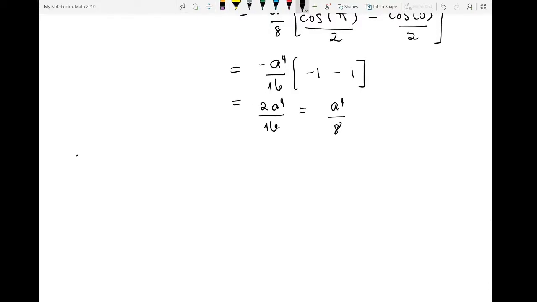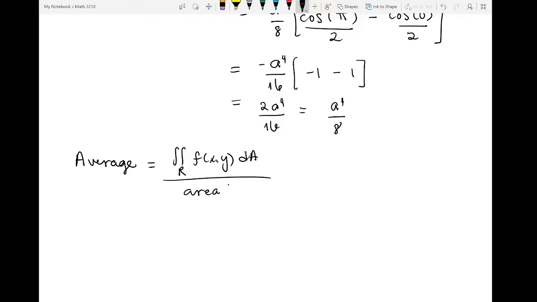So remember that the average is equal to the double integral of f of xy over the area of the region, and we found that this is a to the 4th over 8, and now we need to calculate the area of the region.